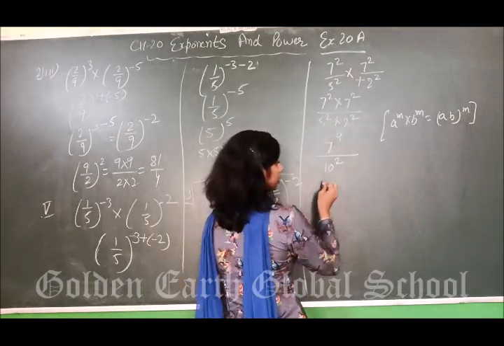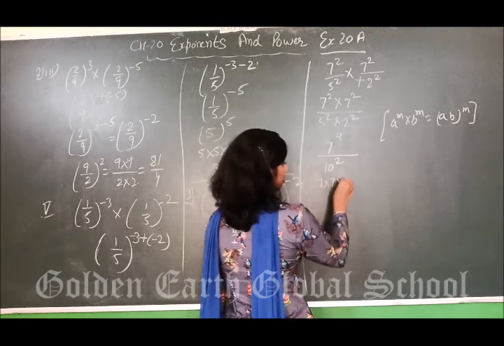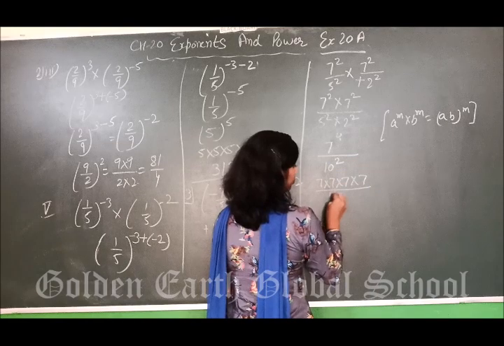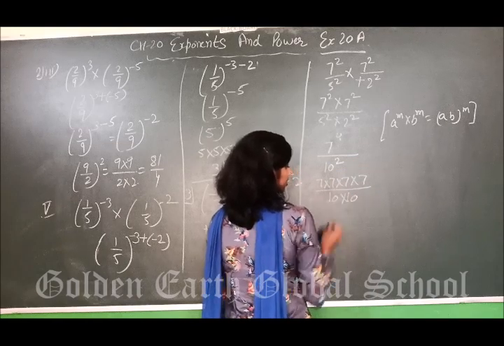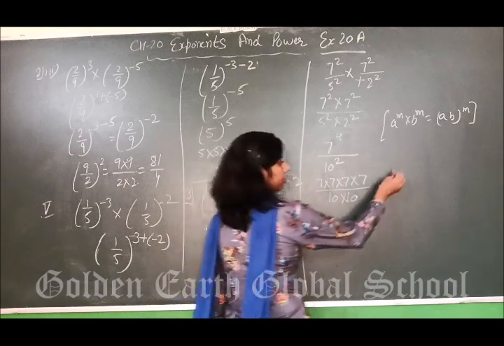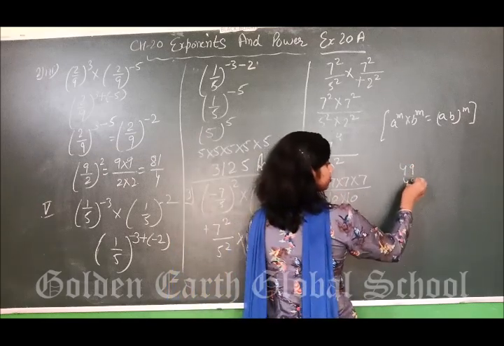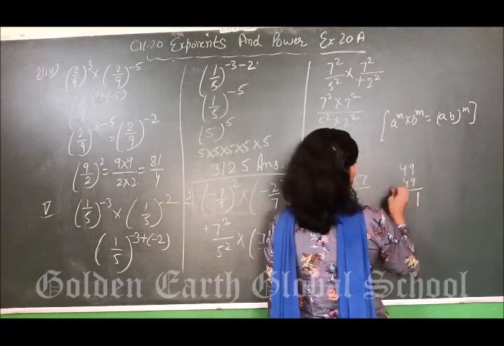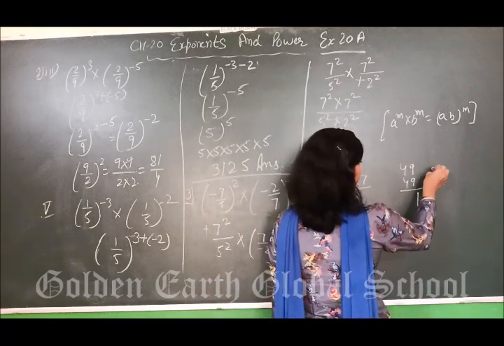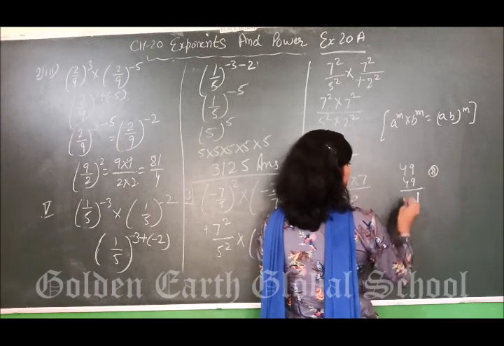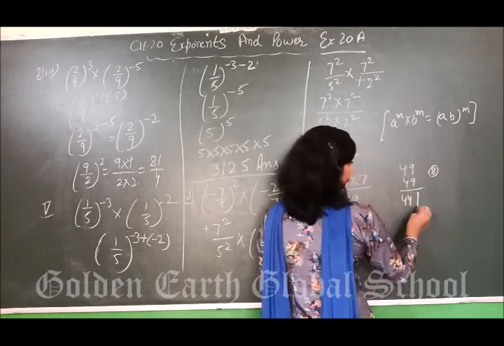Here multiply the terms. 7 into 7, 7 into 7, 10 into 10. 7 7s are 49, 49 into 49 here. 9 9s are 81, 8 carry. 36, 36 plus 8 is 44.